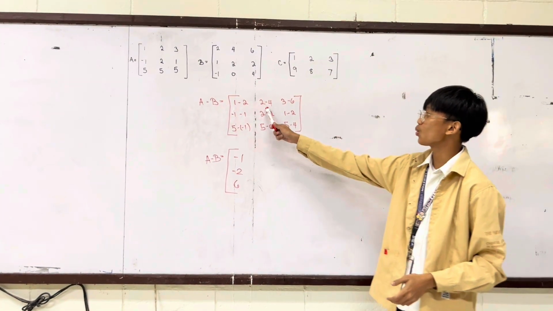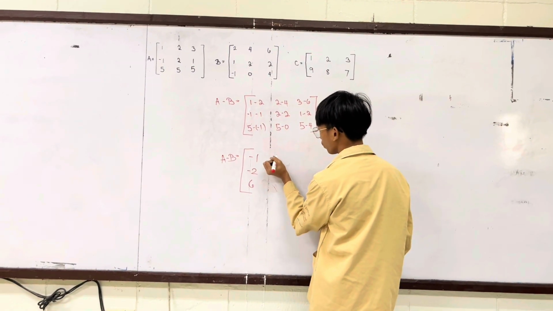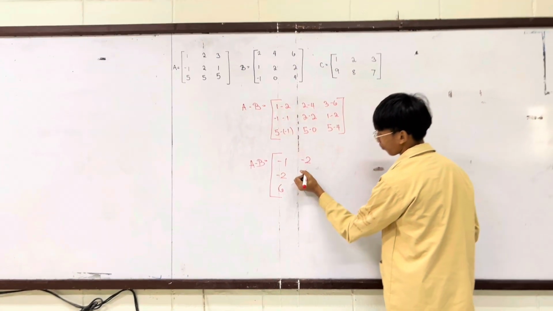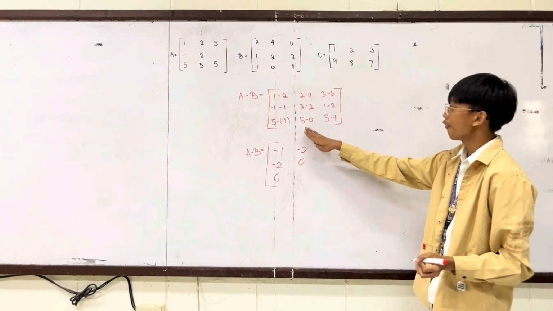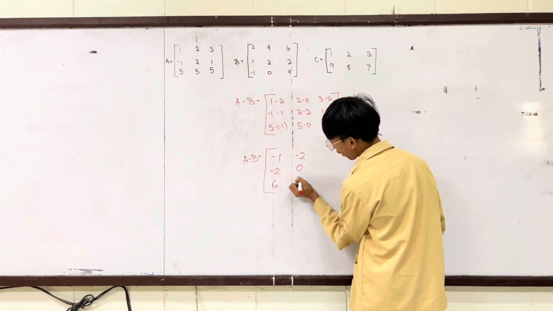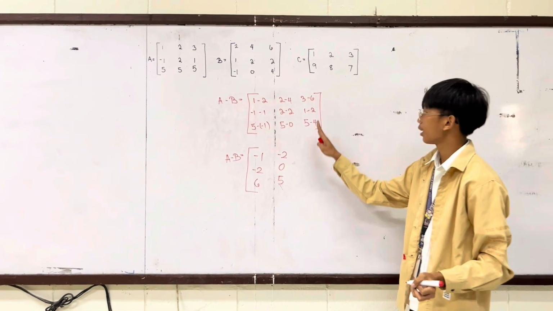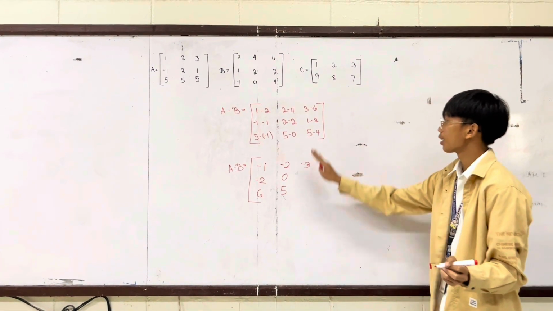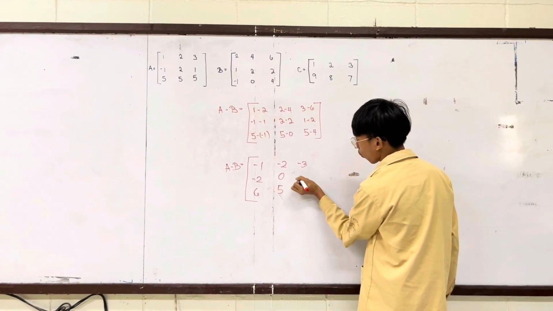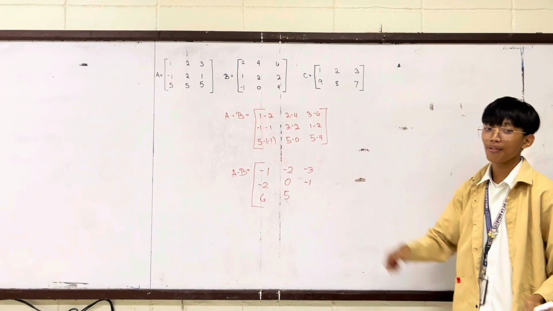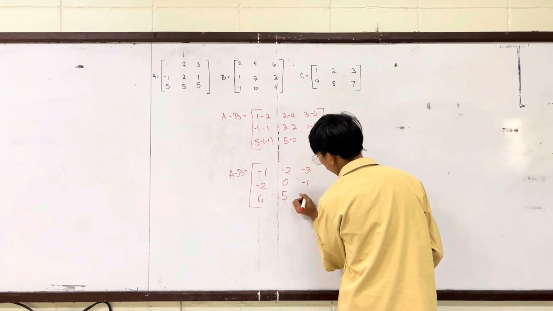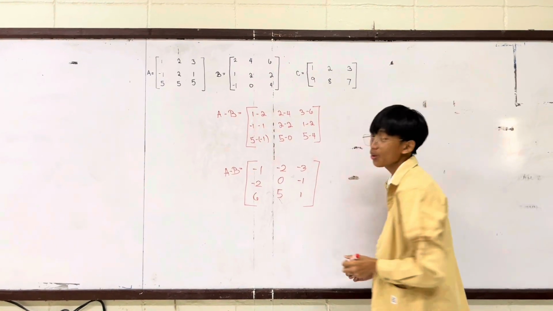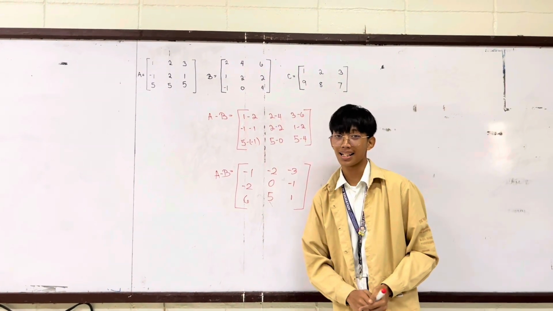Next is 2 minus 4 is negative 2. 2 minus 2 is 0. 5 minus 0 is 5. 3 minus 6 is negative 3. 1 minus 2 is negative 1. And 5 minus 4 is 1. So that's it. That is A minus B.